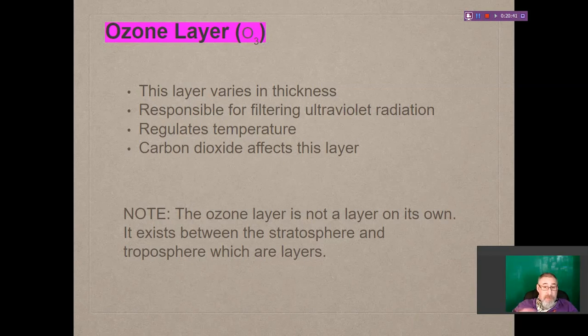It is believed that one of the ozone layer holes was caused by a lot of carbon dioxide in the atmosphere. Now again, this is not a layer in terms of the atmosphere layers that we need to know, but it's like a buffer. It's in between, and it's called an ozone layer just because it's a layer of ozone, not that it's its own atmosphere component.